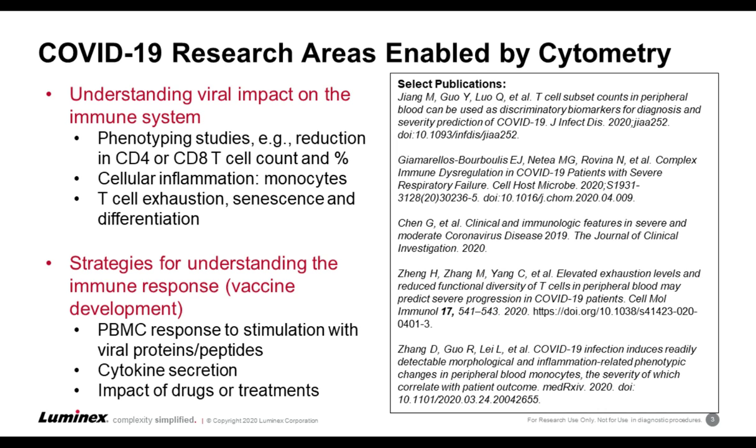For example, inflammatory monocytes have significant morphological and functional changes with COVID-19 infection and have been shown to be involved in progression of the disease. Several studies are demonstrating the importance of T cell exhaustion markers such as TIM3 and PD1, as well as increased CD8 expression and T cell activation markers.